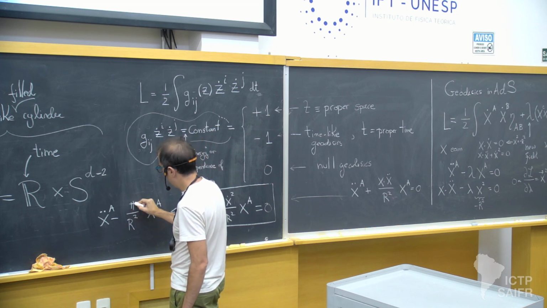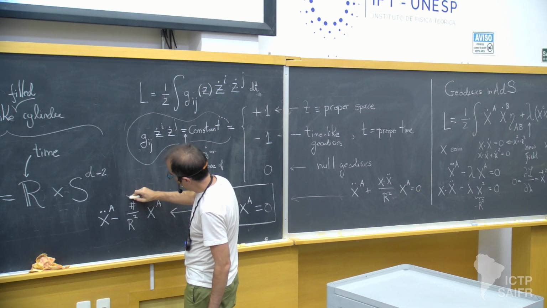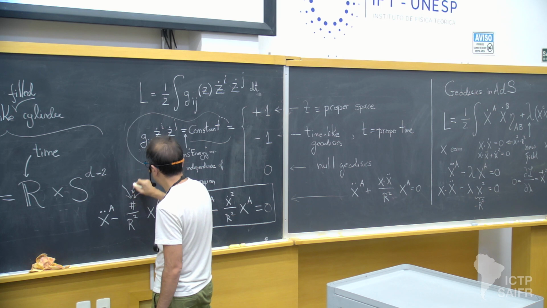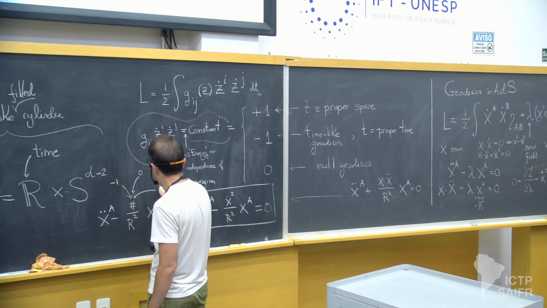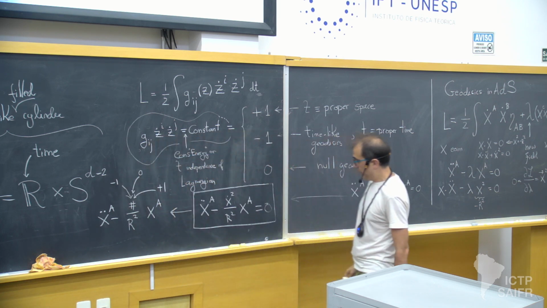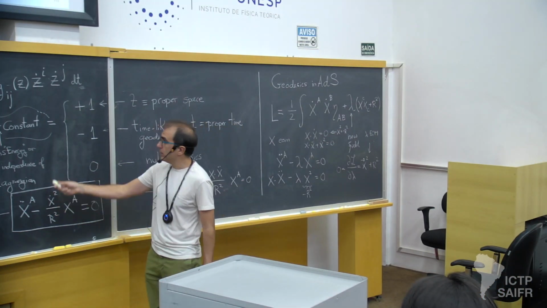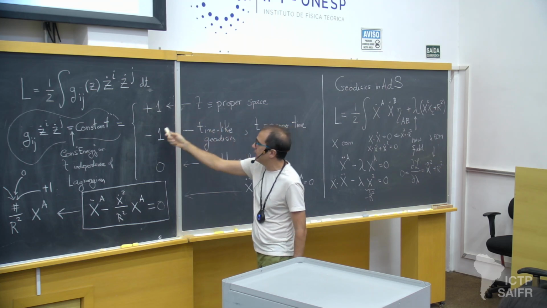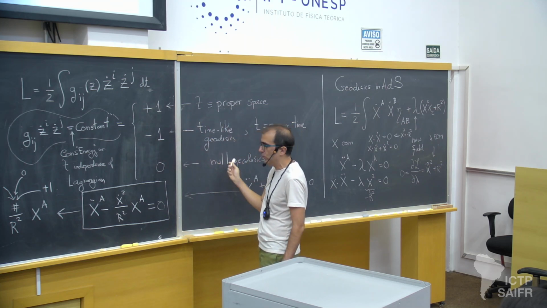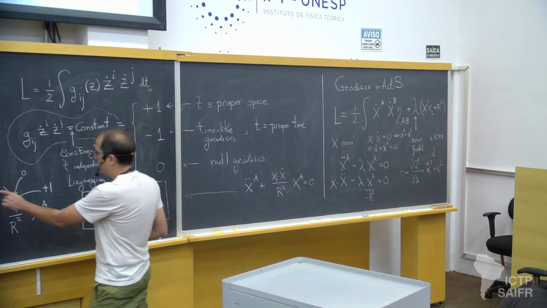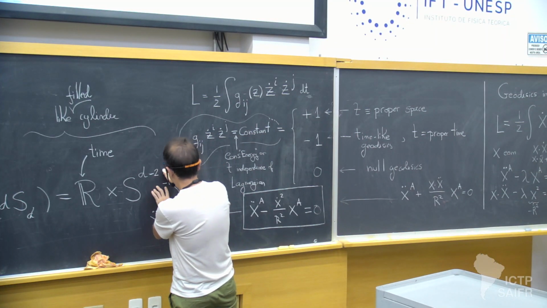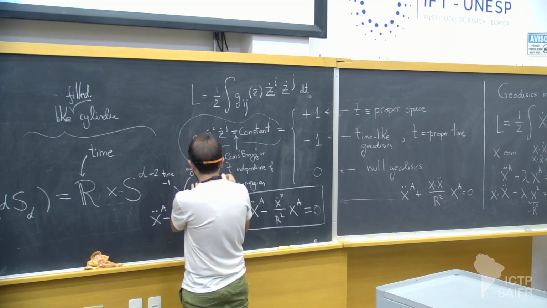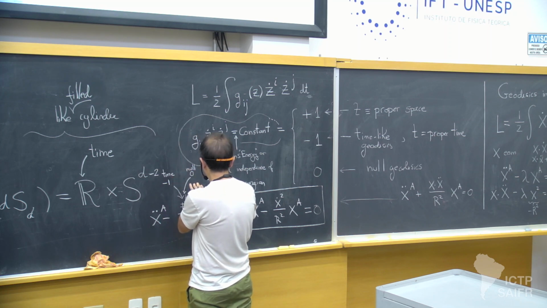Let me put here a hashtag, where now I need to be careful, because this hashtag could be -1, 0, or 1, because I'm using now the condition for the velocity. And here we saw that the velocity squared is equal to +1 for space-like, -1 for time-like, and 0 for null. So that's what we should put here. This -1 would be for time-like geodesics, 0 for null, and +1 for space-like geodesics.